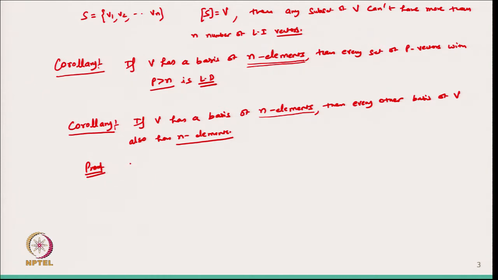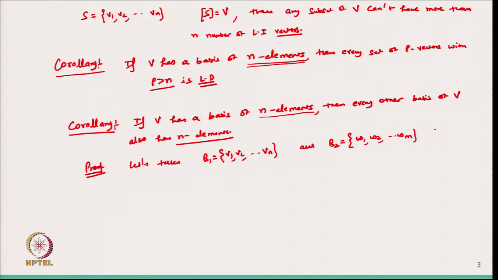let us take a basis B1 that contains V1, V2 up to Vn, and B2 that contains W1, W2 up to Wm.